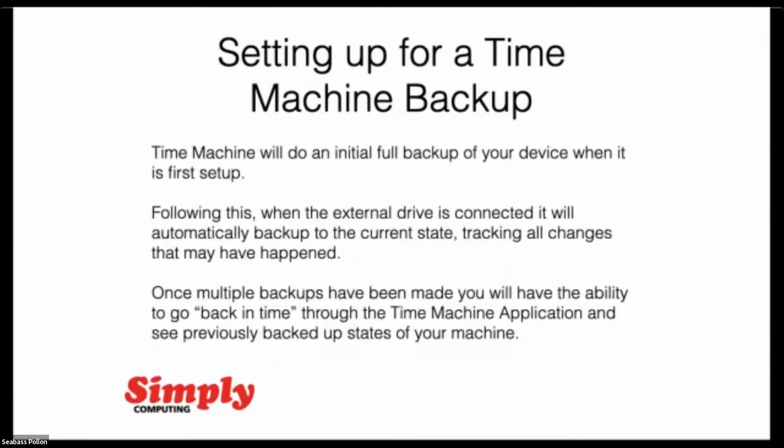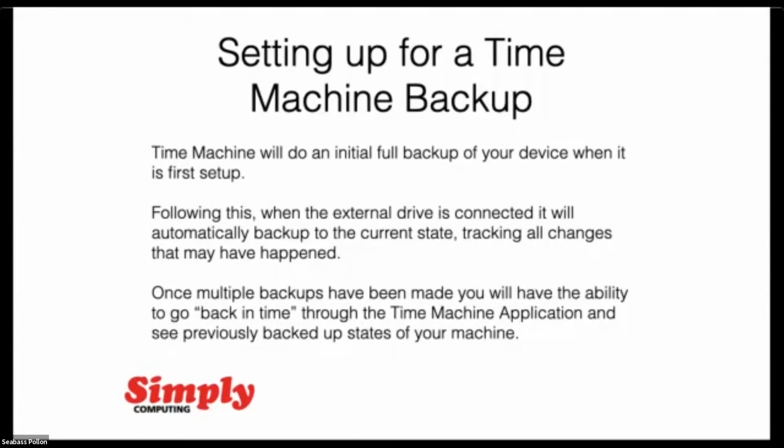And so what happens with your first backup? Time Machine will do an initial full backup, and depending on how much room you have on the drive or how much data you have on your system, this could take a little while to complete. Once this is done, when the external drive is connected, it will automatically back up everything on your Mac, or what's changed while it is connected.